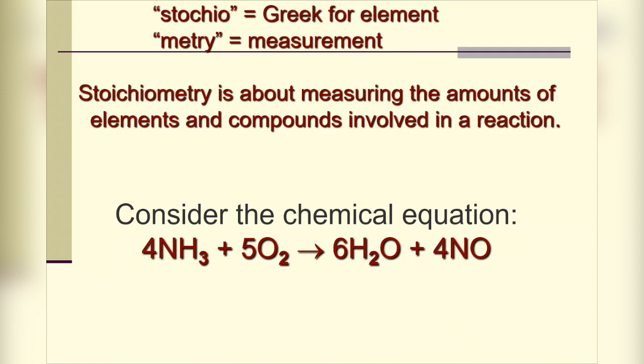Let's talk about the little numbers on the right side as a subscript. If you see, there is no number with N on the right side. When there is no number, it means it's 1. With hydrogen, you see there is a number 3.